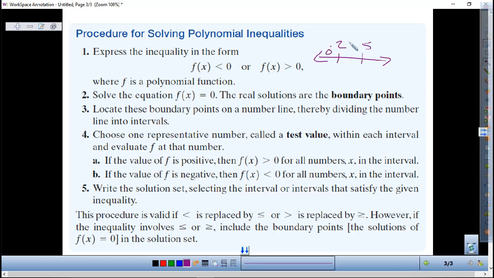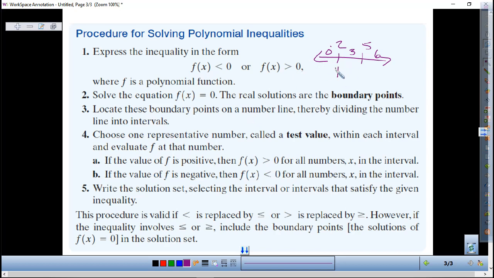Between 2 and 5, we might use 3. And greater than 5, we might use 6. So we would plug these values into f of x. If that value is positive, then f of x for that entire interval is positive.